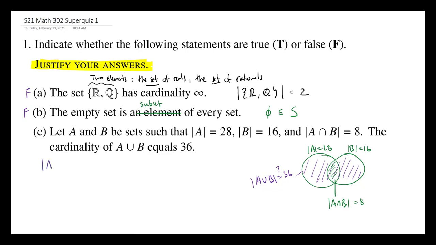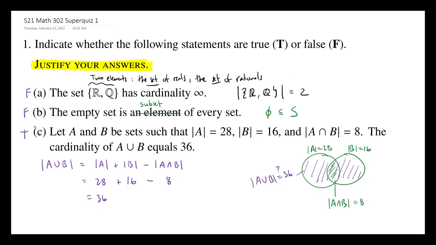I'll write down that formula because it's probably a useful one to know, but I'm not assuming you knew that for this problem. The cardinality of a union is the sum of the sizes of the individual sets minus the cardinality of the intersection, which in this case would be 28 plus 16 minus 8. 44 minus 8 is 36. So the answer to this one should be true.